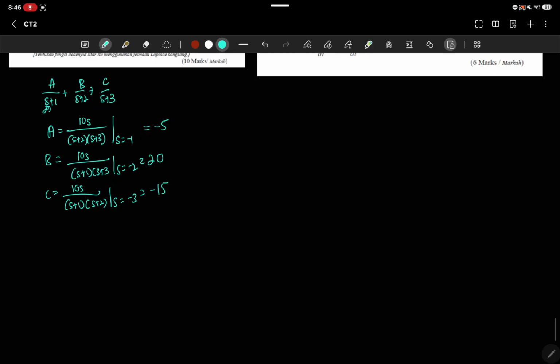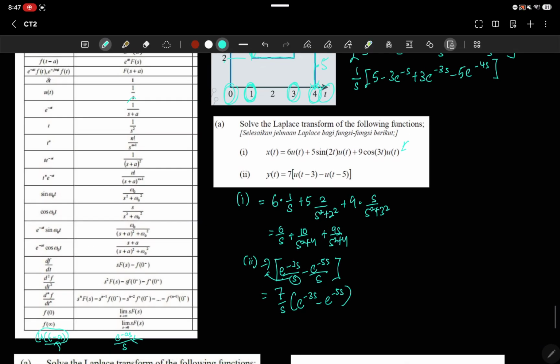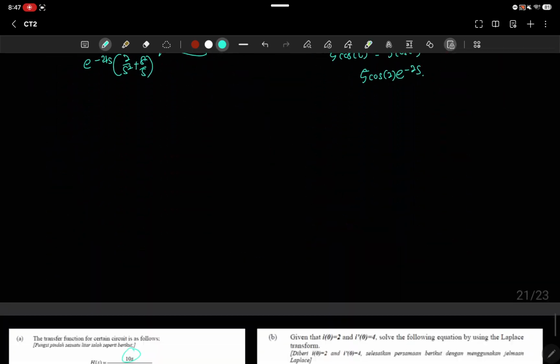Now replace everything in this fraction, and you will get the answer. So this is equivalent to negative 5 times 1 over s plus 1, and 1 over s plus 1 is equivalent to e to the negative t.